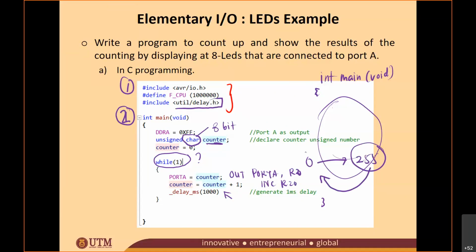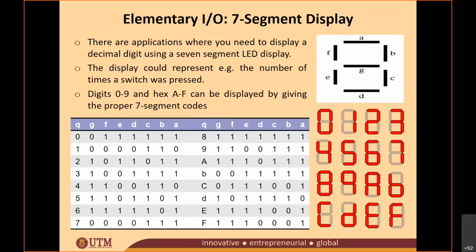So that is for the LEDs. How to make the LED turn on. Next we have the 7-segment display. There are applications where you need to display a decimal digit using a 7-segment LED display. To display a decimal number, we are going to use the 7-segment display.